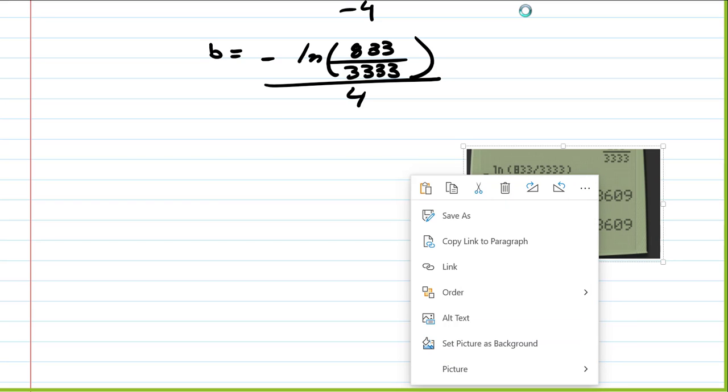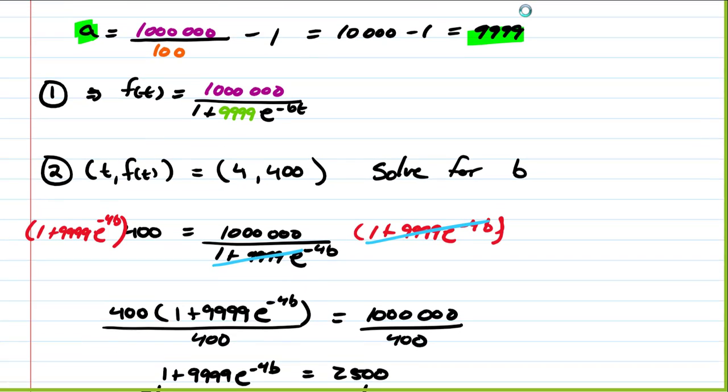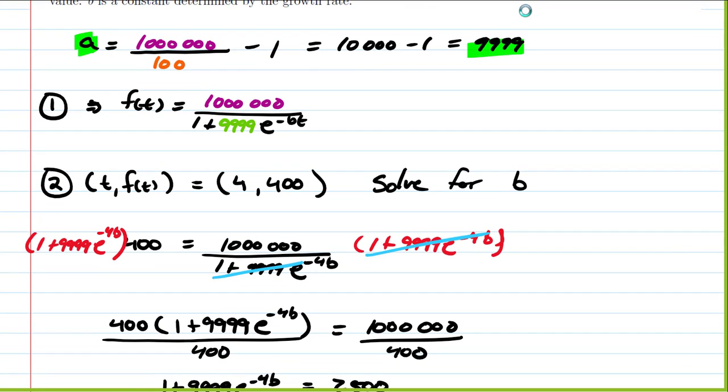So then our model becomes, for step 3, the model we had up here in 1, so exactly this, but now we have b in our calculator.